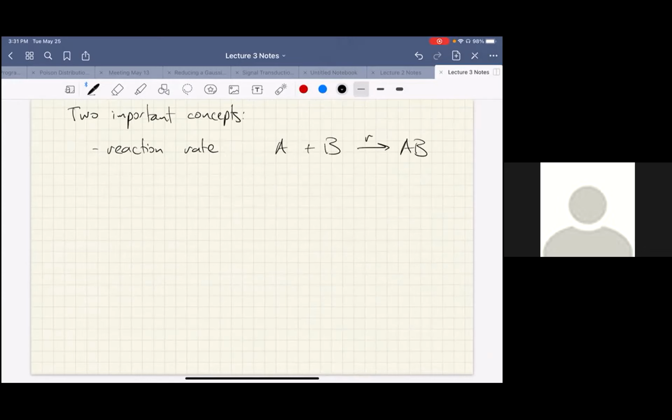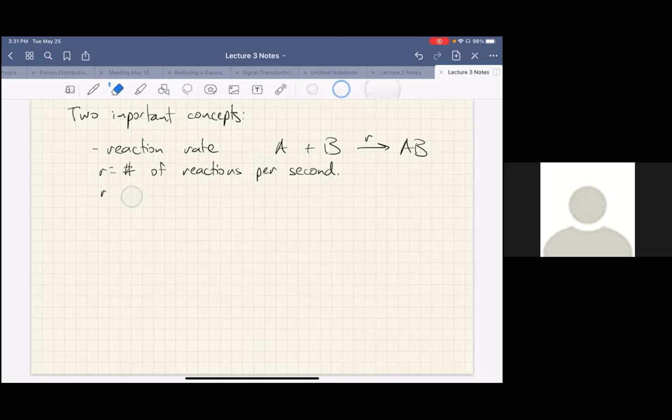And you can think of this, depending on how the units work, as the number of reactions per second. So R can be the number of reactions per second.